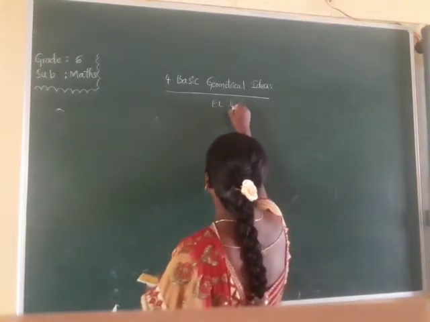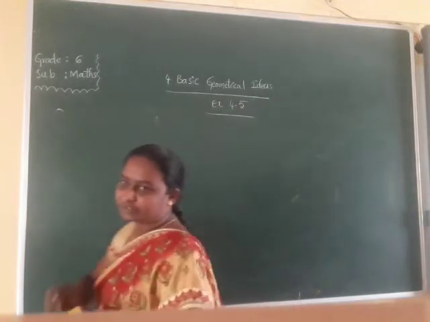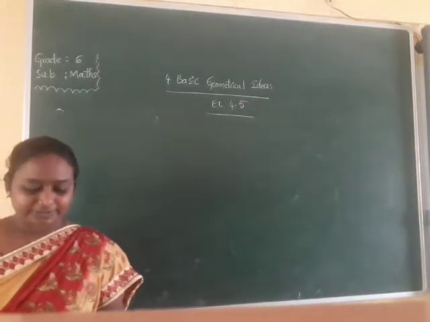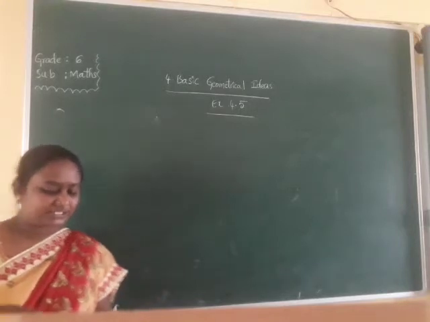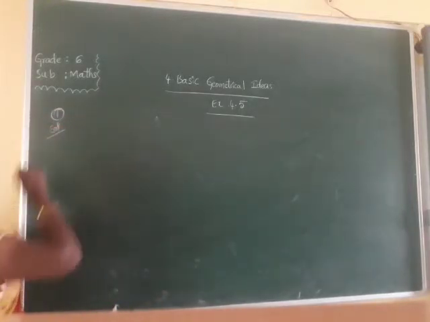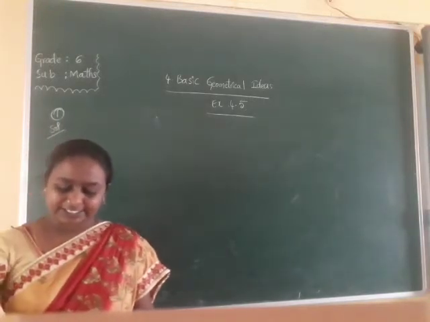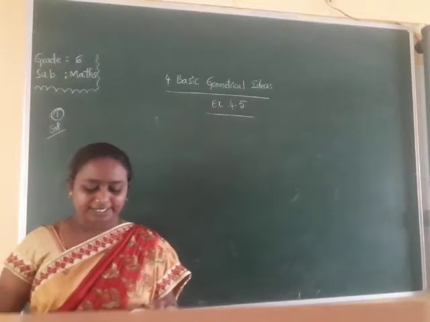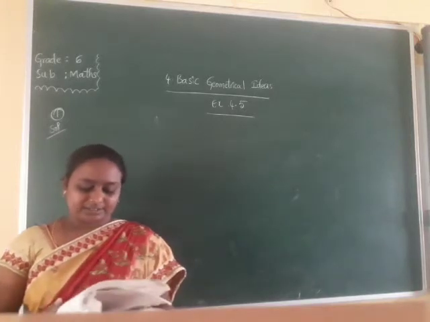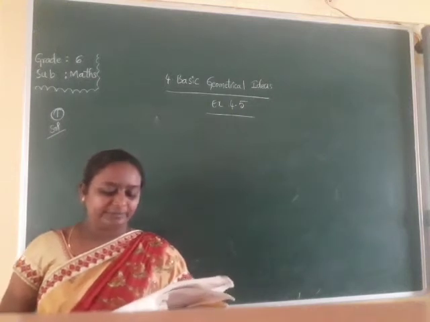Keep reading exercise 4.5. First question. Draw a rough sketch of a quadrilateral PQRS. Draw its diagonals. Name them.